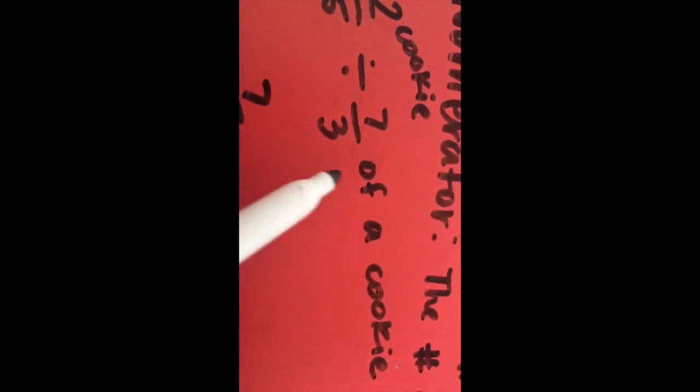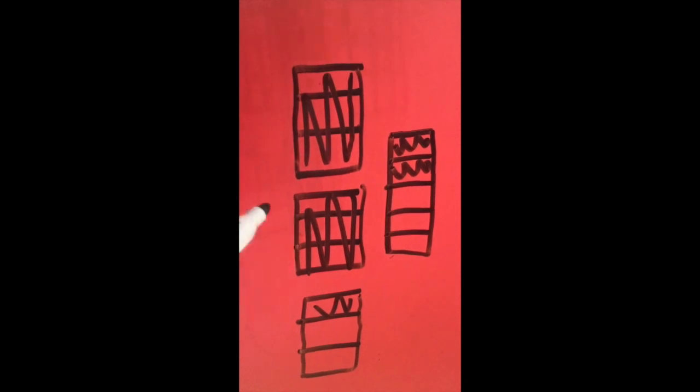And then we took 2 of those, like the numerator says. Just like the second one says, our whole is going to be cut into 3, the denominator. But we have 7 of those, so we have to draw 3 cookies, because we have 1, 2, 3, 4, 5, 6, 7. We have 7 of those thirds.